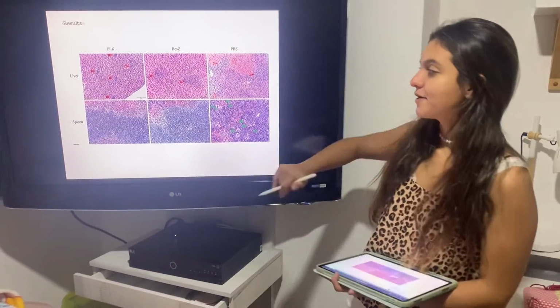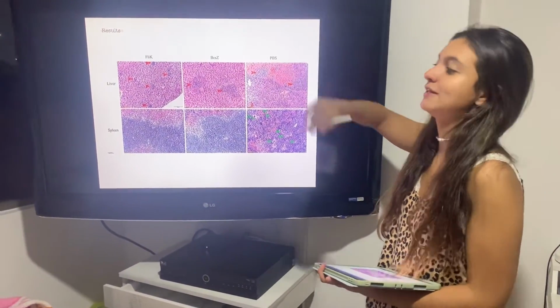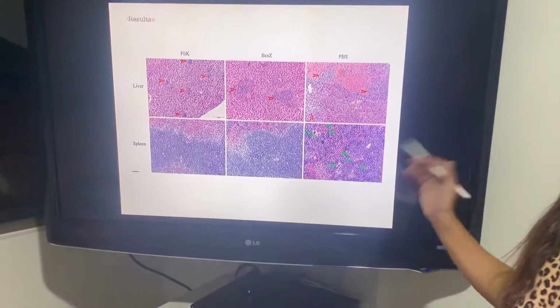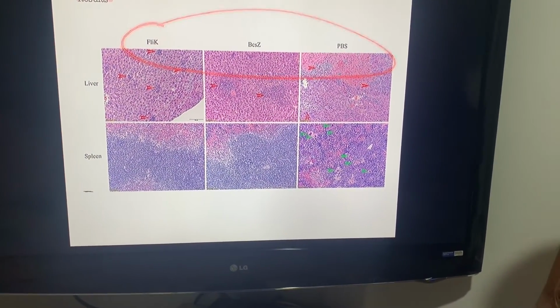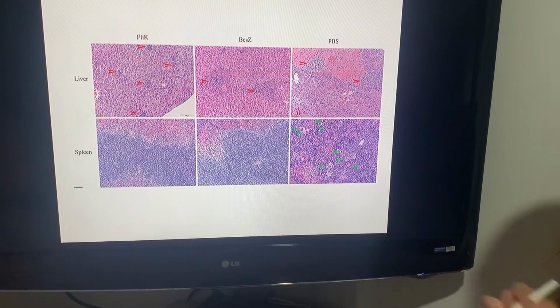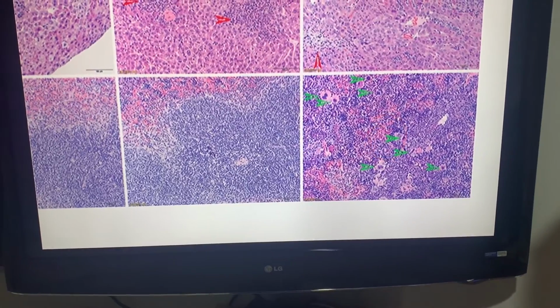So, in the results, we have obtained slides stained with hematoxylin and eosin. And here, we're going to see the protection that each vaccine had in the liver and in the spleen. First, we need to understand what the red arrows and the green arrows mean.